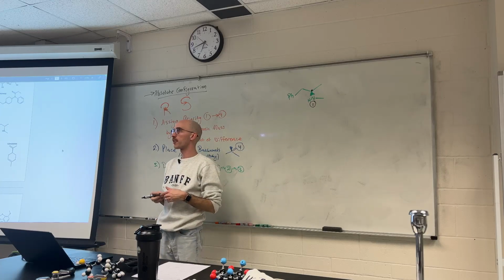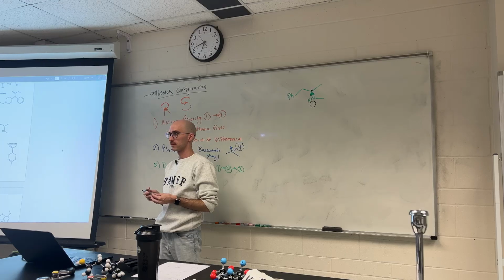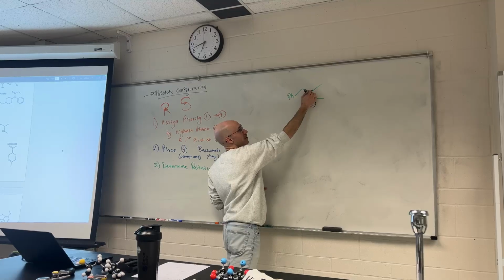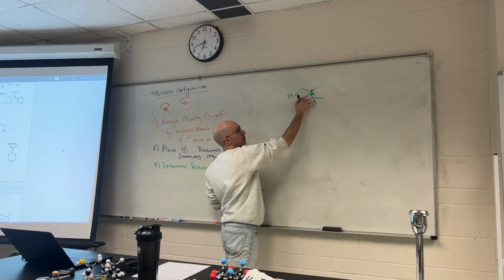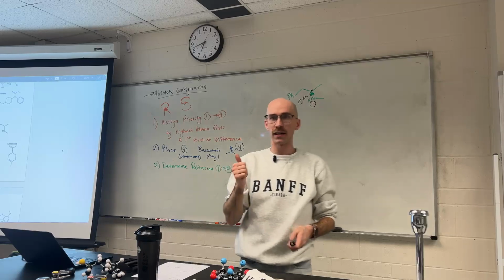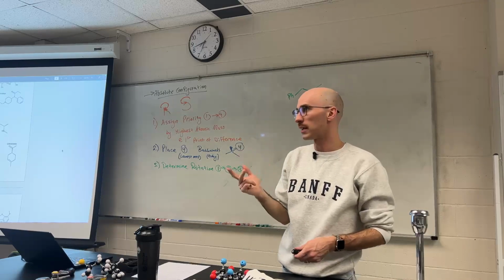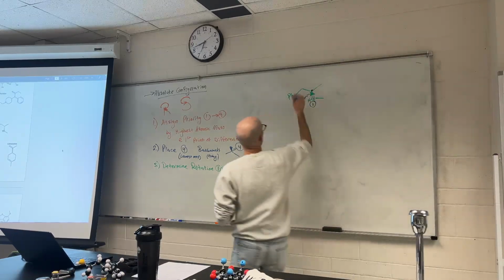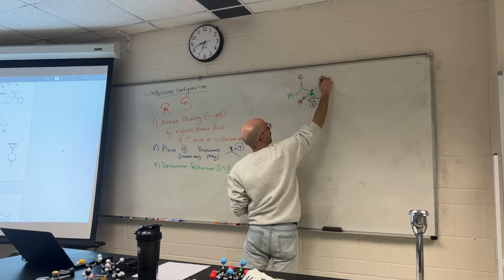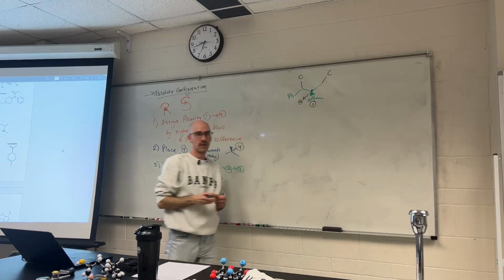What is my priority number 4? Hydrogen. And it's already going away. It's already dashed. Now, how do I decide between priority 2 and 3? What I have here is a carbon, and what I have here is a carbon.